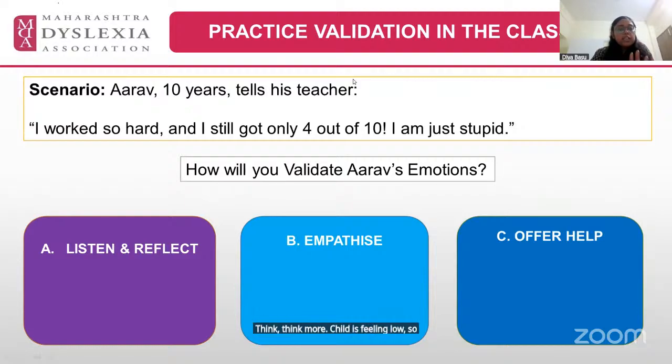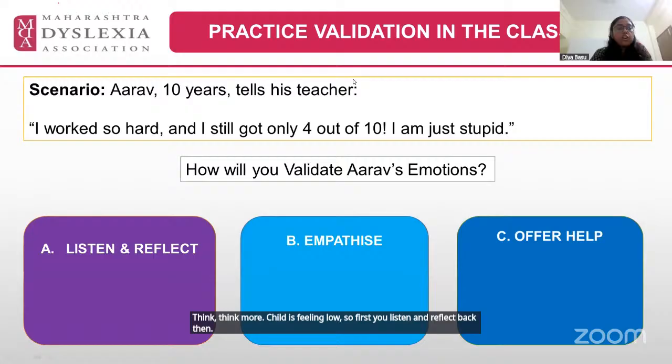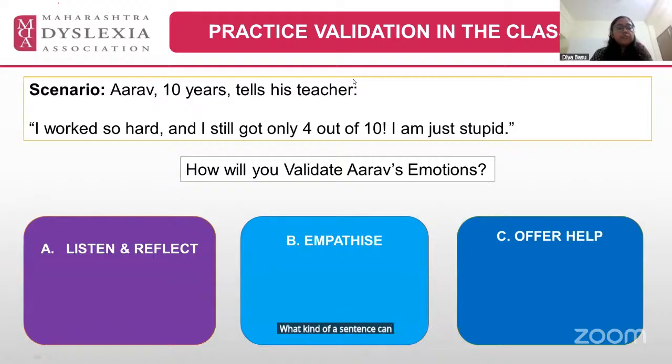So first you listen and reflect that, then what kind of a sentence can you use to reflect that feeling? What are you going to say to the child? Anybody else? We don't have much time, maybe a minute more to think about this.